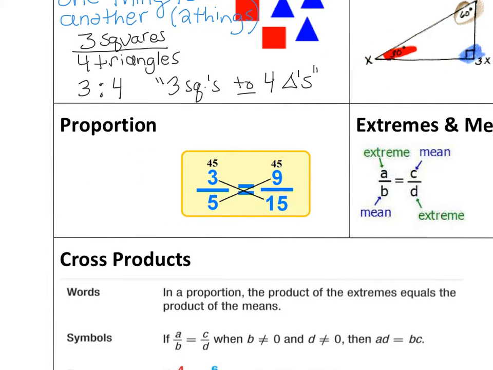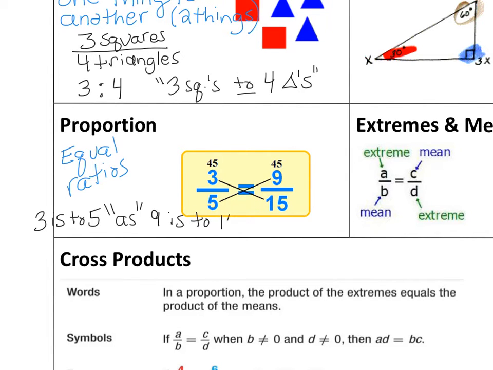All right. Proportions. Proportions are equal ratios. And you can see over here that we have in the diagram 3 is to 5 as 9 is to 15. And I actually want to spend the time to write that out. 3 is to 5 as 9 is to 15.